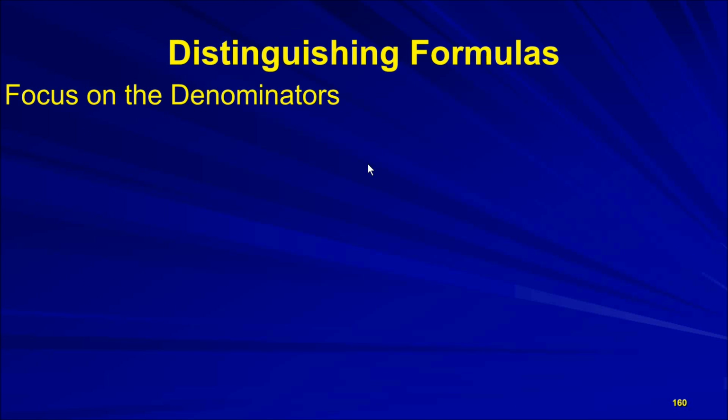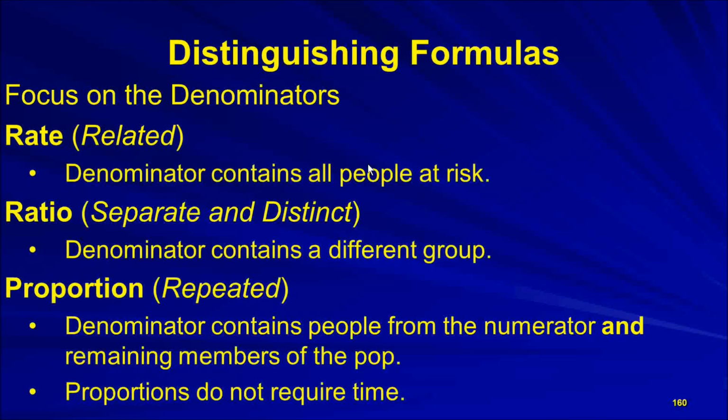Now, distinguishing formulas. Focus on the denominators. Okay? I want to talk about these 3, and I want to talk about the key operative term. Everything that's in parentheses is a key operative term. This is the best way to learn what each of these terms mean, and they are not synonymous either.